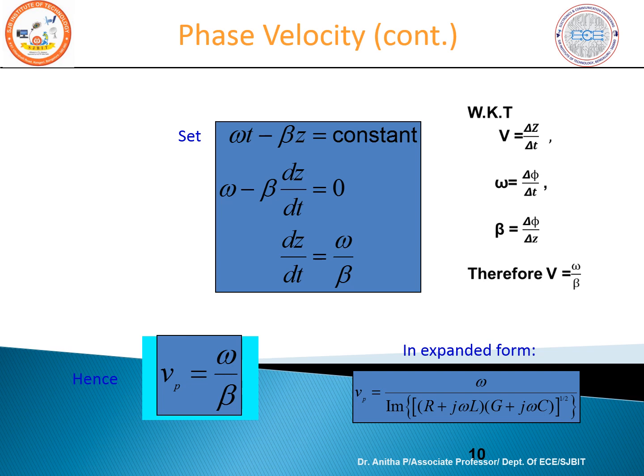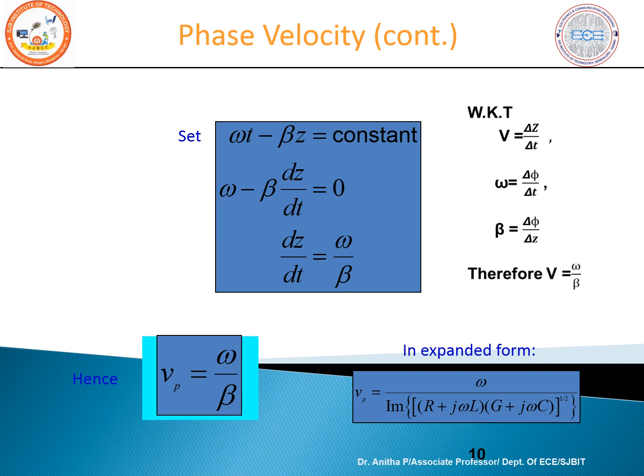Similarly, beta represents the variation of phase with respect to space, or delta z, so delta phi by delta z. Angular frequency represents variation of phase with respect to time, and the phase constant beta represents variation of phase with respect to space. So now you rearrange these two equations to get the velocity. Velocity v is equal to omega by beta, and then from delta phi by, you'll get delta z by delta t. Or you can also express it from this equation.